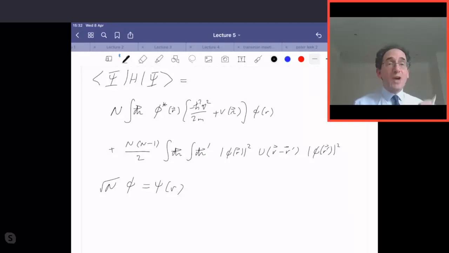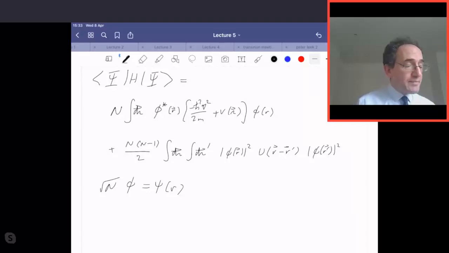Why? Because if we try putting all the particles into the same orbital, some of them will be kicked out of that orbital due to the interactions. So it's not correct to write down a wave function where all of the bosons are in exactly the same orbital, because some of them are going to be kicked out due to the interactions.